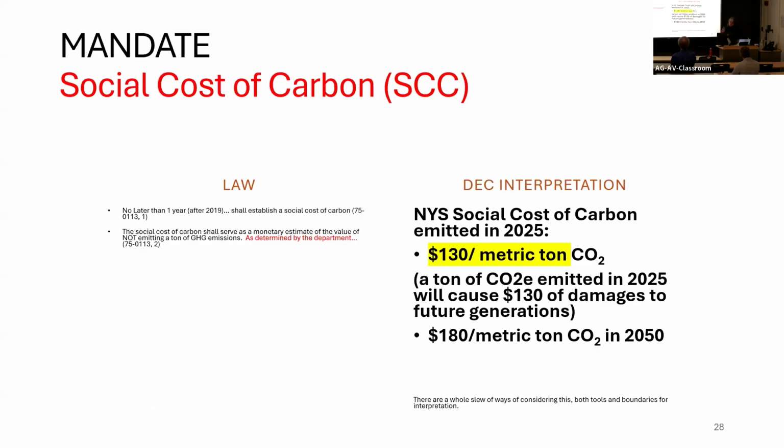And they also set this at $180 a metric ton in 2050, right? So this is just trying to think about contemporary New Yorkers and future New Yorkers, and what is the financial responsibility of current New Yorkers for the benefit of future New Yorkers, and what we can do to avoid those damages.